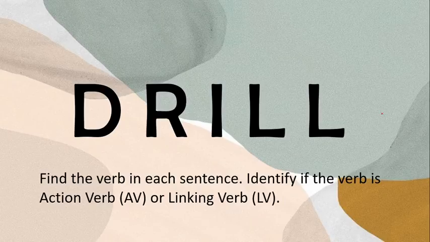So let's now have our drill. Here you just have to find the verb in each sentence. Identify if the verb is action verb by writing AV or linking verb by writing LV. So here, Shane and Shai cleaned the room. Our verb here is what? Very good. It's cleaned.